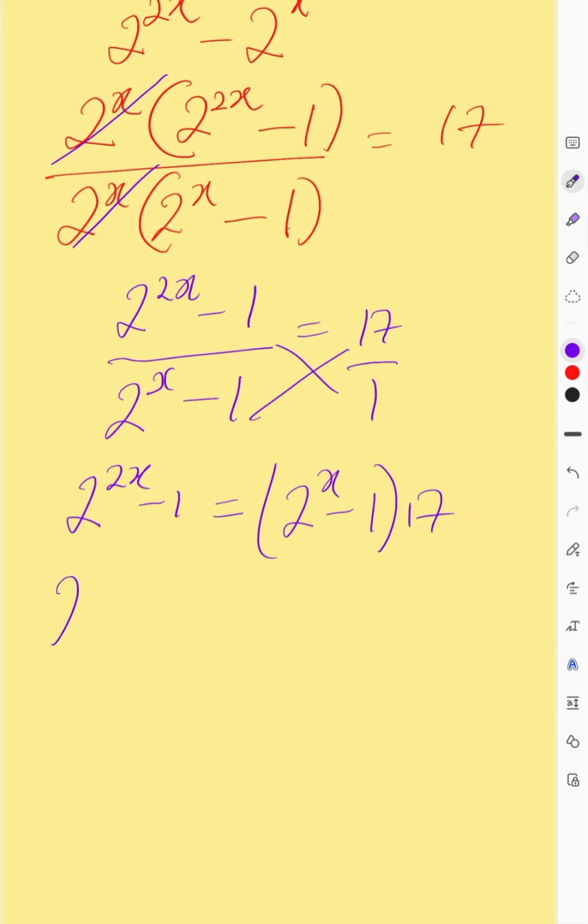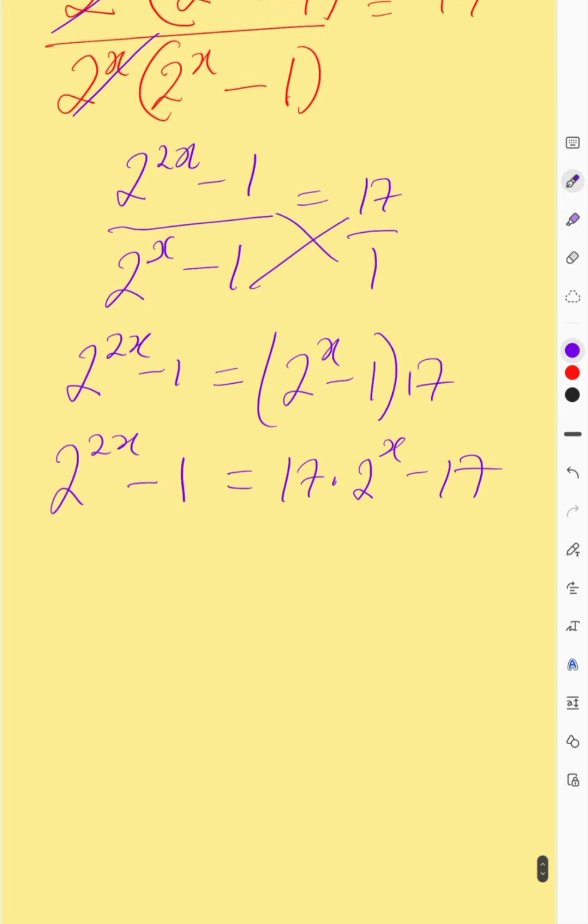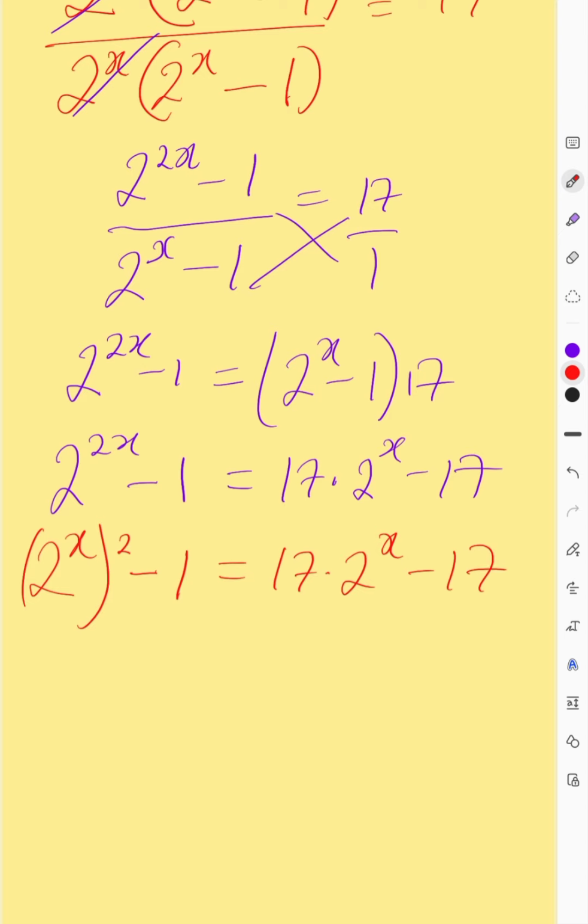Okay, so we have 2 to the power of 2x minus 1. 17 goes into this, will give us 17 times 2 to the power of x minus 17. Now let us rearrange this very well. From here, 2 to the power of 2x can be written as 2 to the power of x then raised to the power of 2, minus 1 is equal to 17 times 2 to the power of x minus 17.